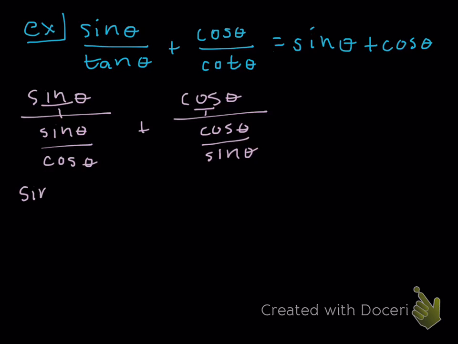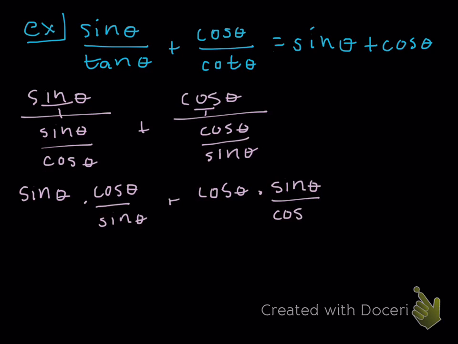So I have sine of theta times cosine theta over sine of theta. And then over here, I have a cosine of theta times sine of theta over cosine theta. And now I need to do some cleaning up, so I can tell that the sines are going to cancel here and the cosines are going to cancel there.